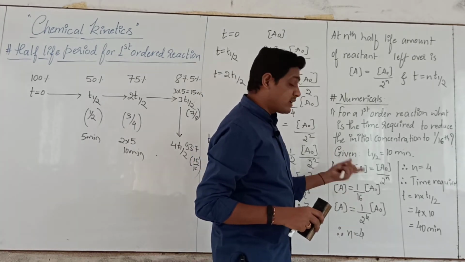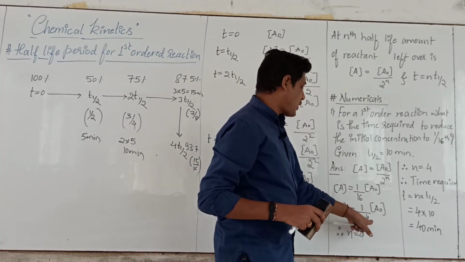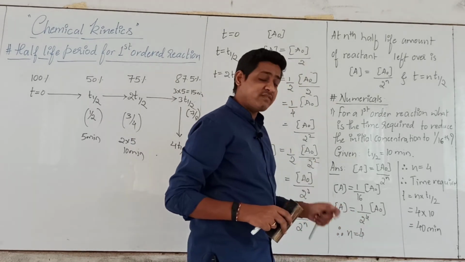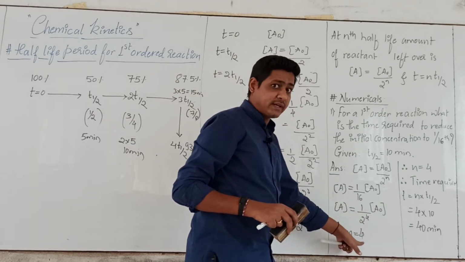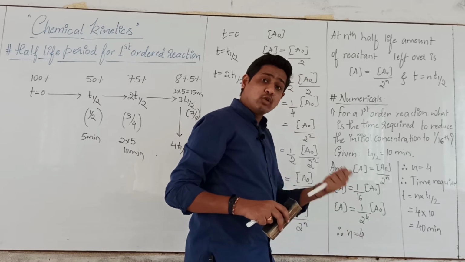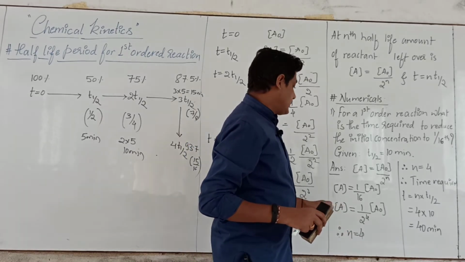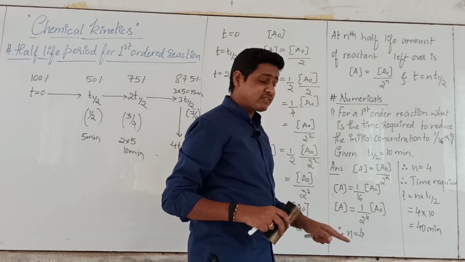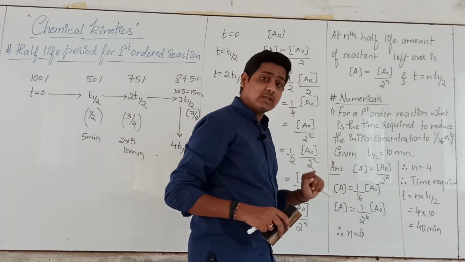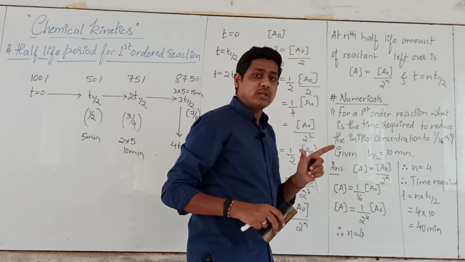When we convert it into 2 to the power, it will come 2 to the power 4. So which half-life? It is the fourth half-life. At the fourth half-life, the concentration of the reactant left is 1/16th of the initial concentration. So what is the total time consumed?